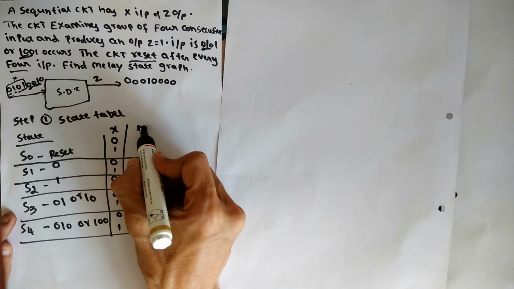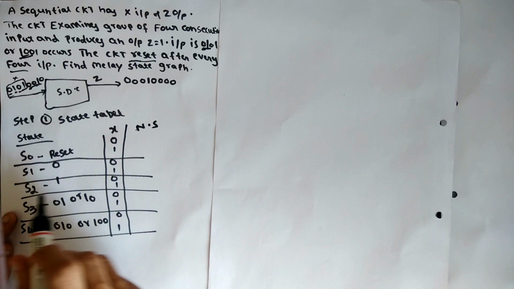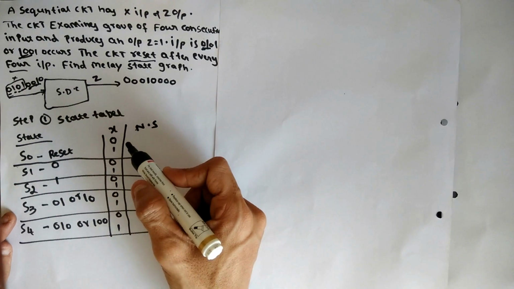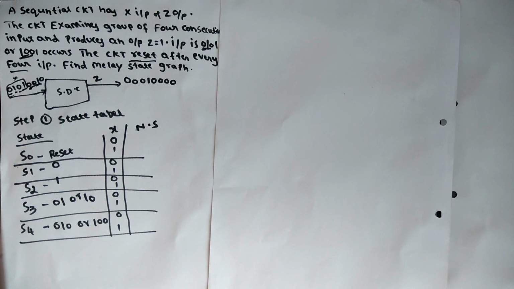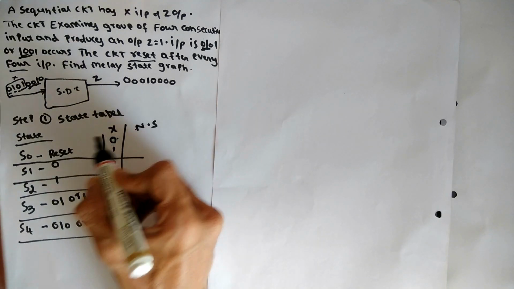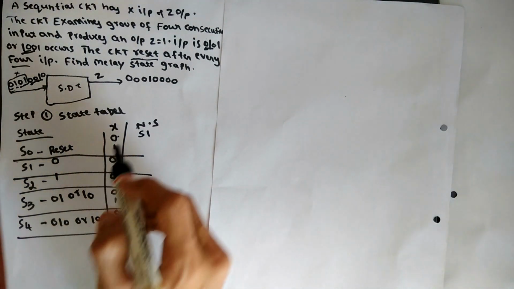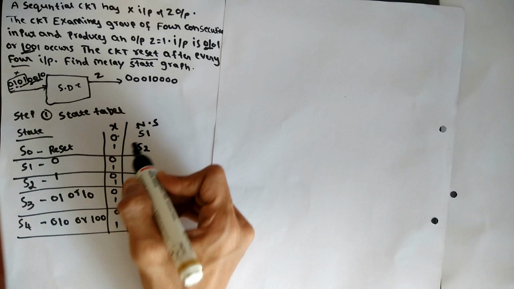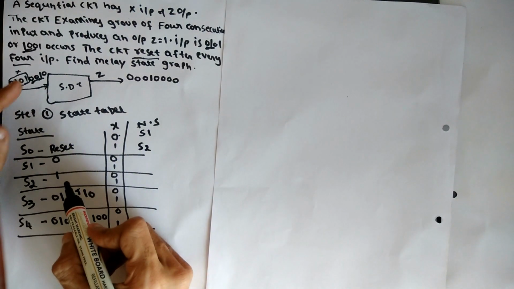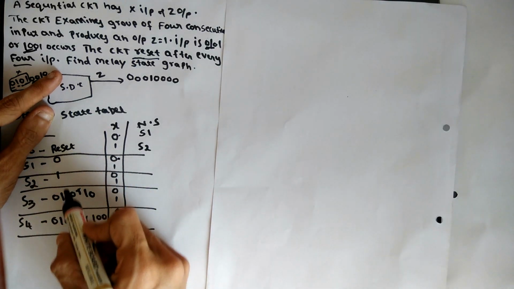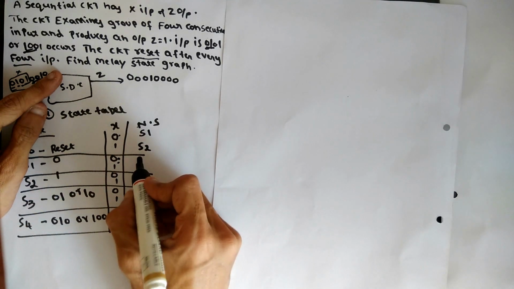From this we have to discuss what the next state is. When the state is S0, which is reset, we have nothing yet, so in the reset state, whatever number we give, zero or one, the state will change depending on it. From S0, input 0 goes to S1, and input 1 goes to S2. Similarly, now go to S1. There are 2 possibilities. One is input X equal to 0, so 0 0. 0 0 is not there in any state, so go for the individual 0, which is there in S1 only.